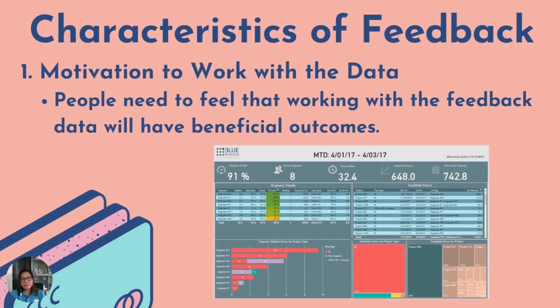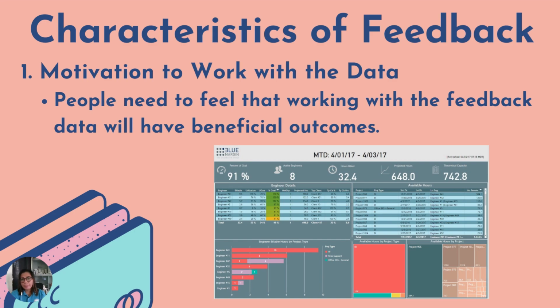And we have characteristics of feedback. The ownership of feedback data is facilitated by five features of a successful feedback process. Number one is the motivation to work with the data.